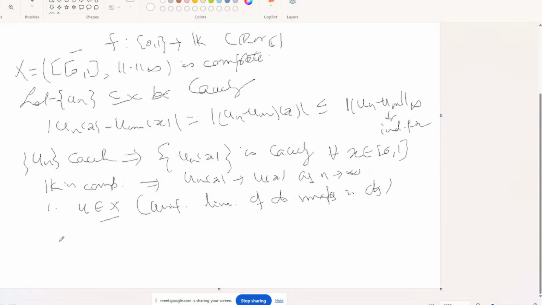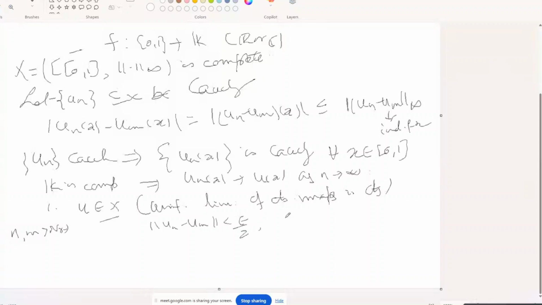Second thing: take n, m large so that norm of u_n minus u_m is less than epsilon by 2.